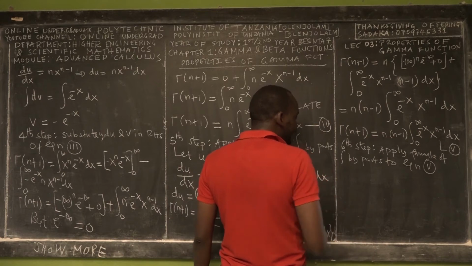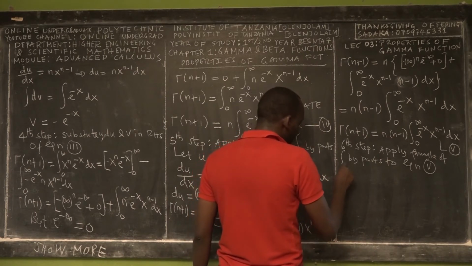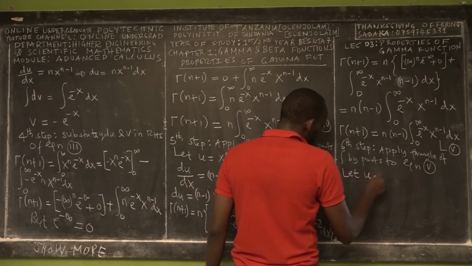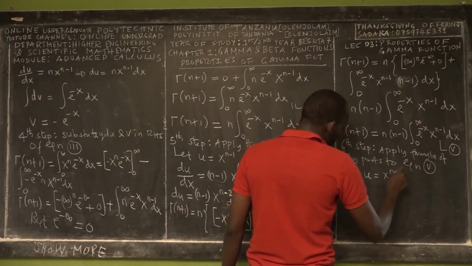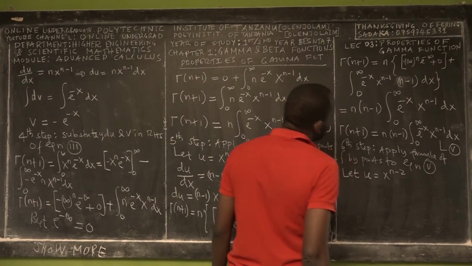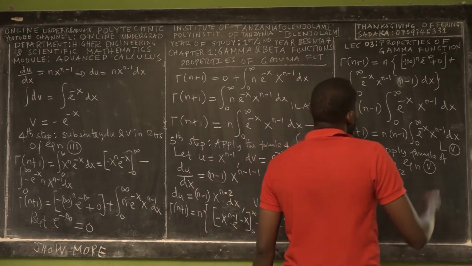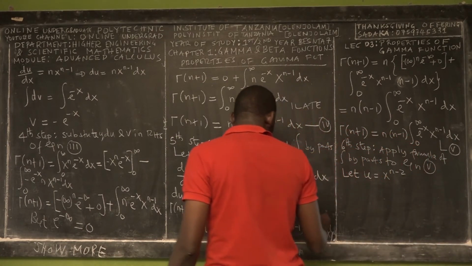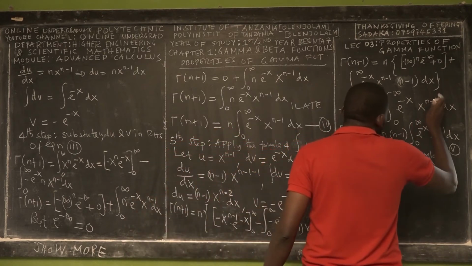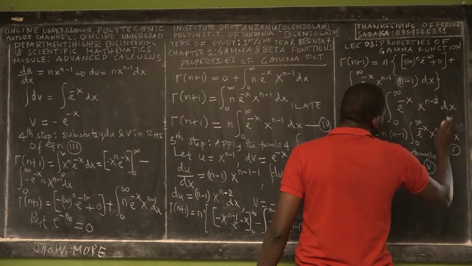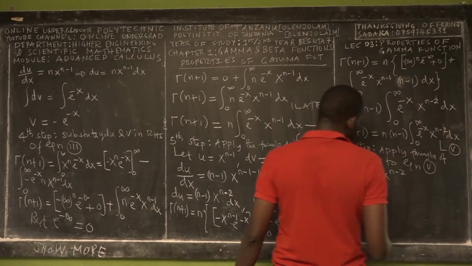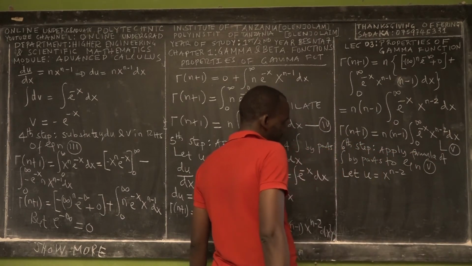So to apply the integration by parts formula, we have to say, let u is equal to x power n minus 2. So du is n minus 2 times x power n minus 3.